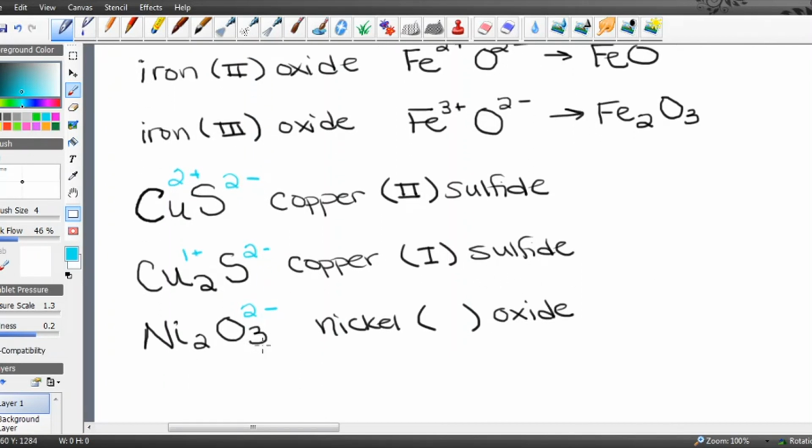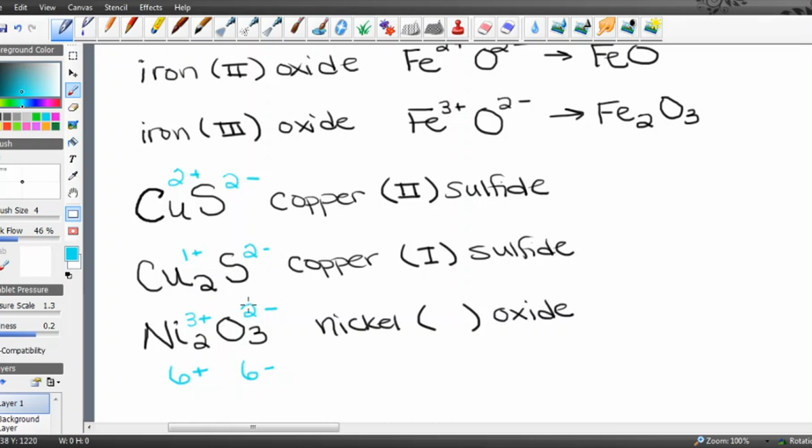Here, if I have 3 oxygens, each with a 2- charge, that is a total negative charge of 6-, which means that the nickel needs to have a total positive charge of 6+. However, there are 2 nickel atoms making up that 6+ charge, which means that each individual nickel ion must have a 3+ charge.